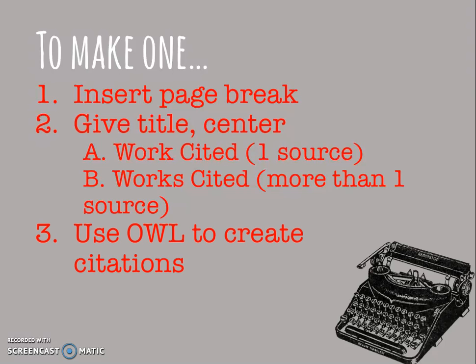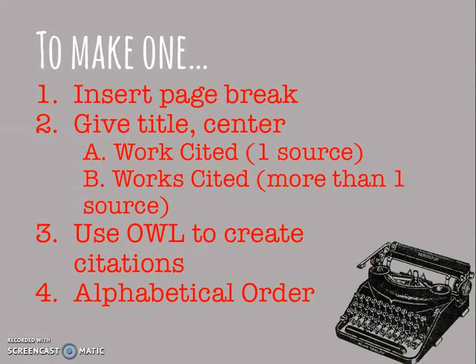You will then use OWL to create citations for the sources you've used. Now, this being number 3, I don't personally do this, but you can if this is your system. I'll tell you about that here in a minute. And then number 4, once you have those citations, you will put them in alphabetical order based on the first piece of information, which we will talk about. And then every citation that goes on to a second line is created with a hanging indent.